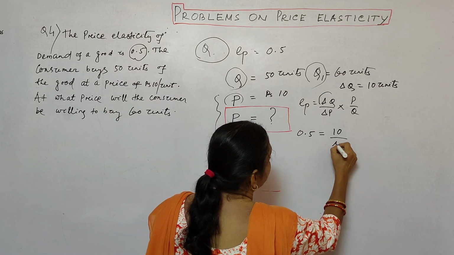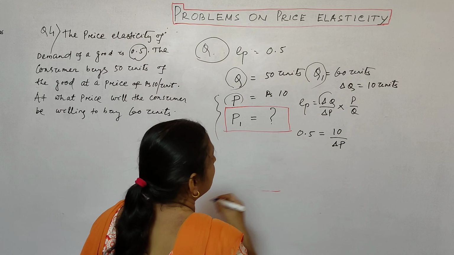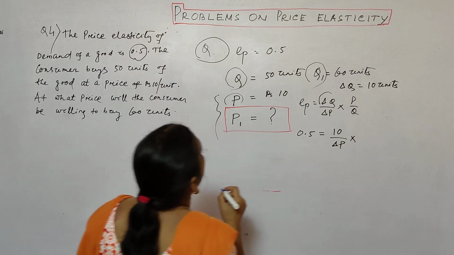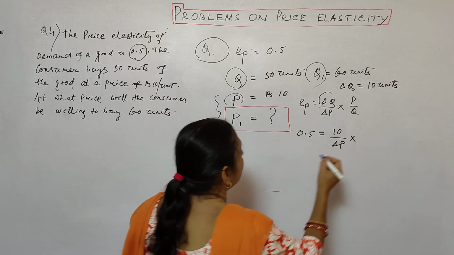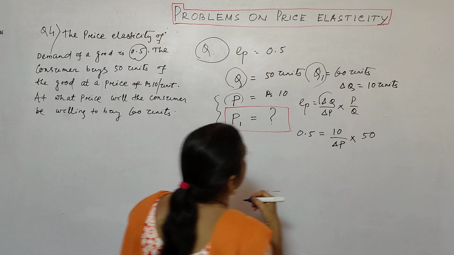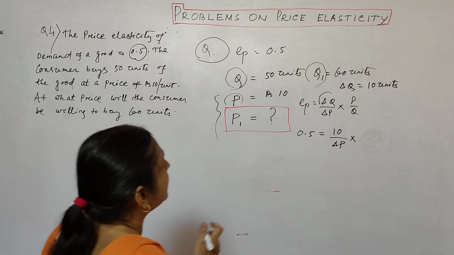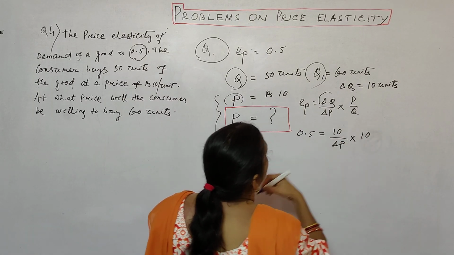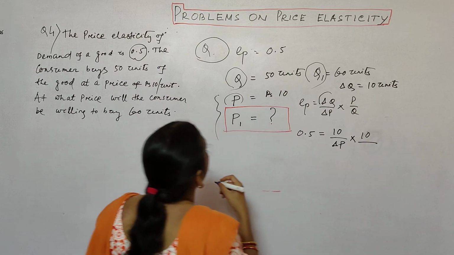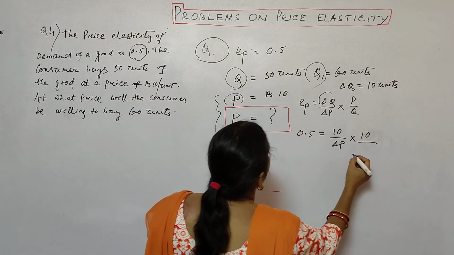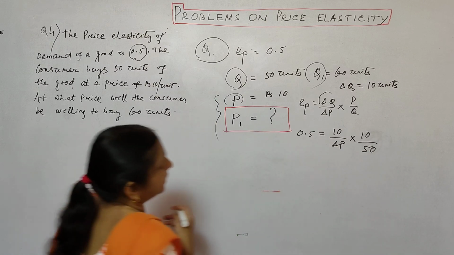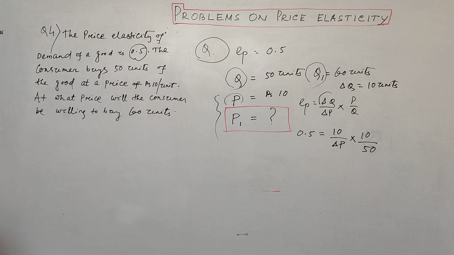P means initial price, that is rupees 10, divided by Q, the initial quantity, that is 50 units. So all this information is given to us. We have to find out the value of delta P here.